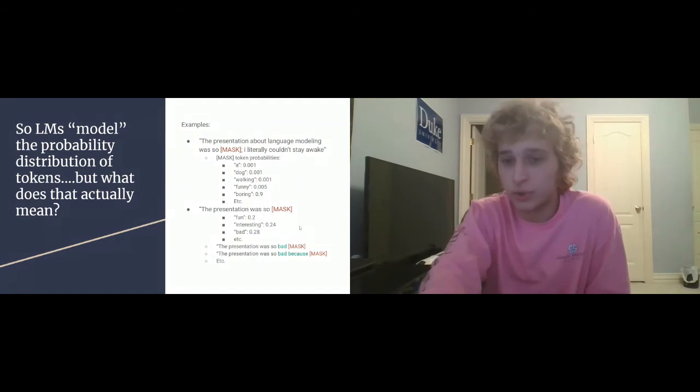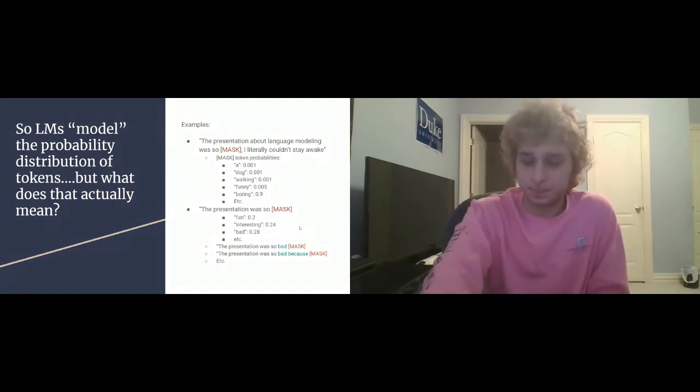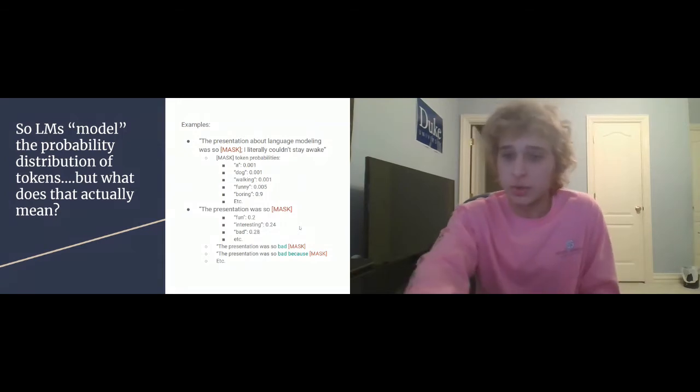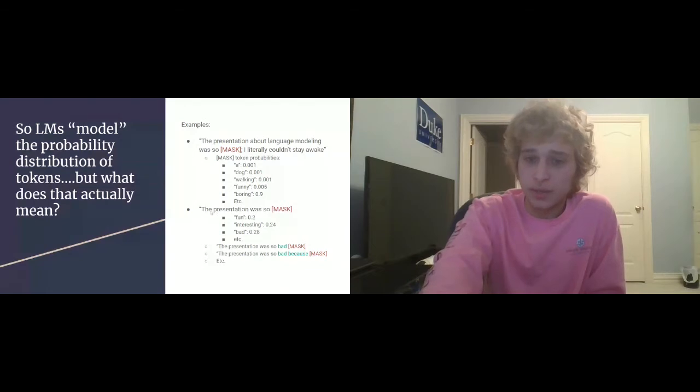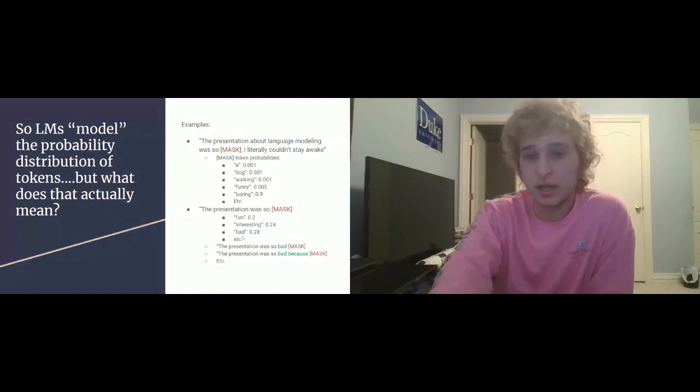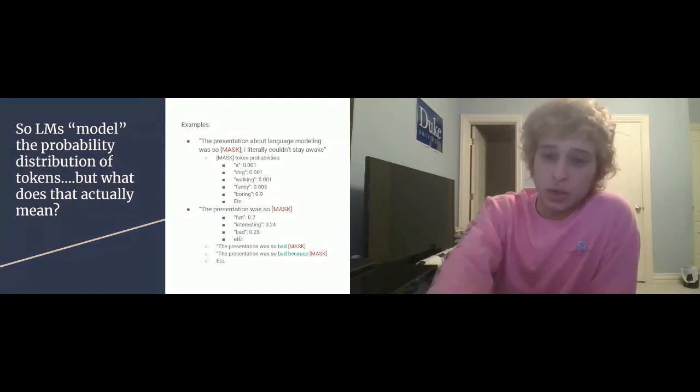But if we choose the highest one, or something similar, we can see what the model thinks is most likely. We can give it this, look at the distribution over tokens, and see that the highest probability is for the word "bad."